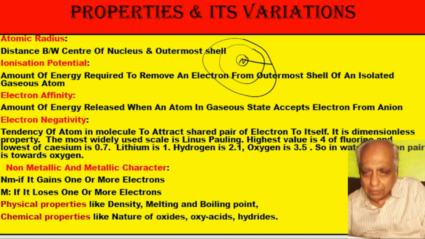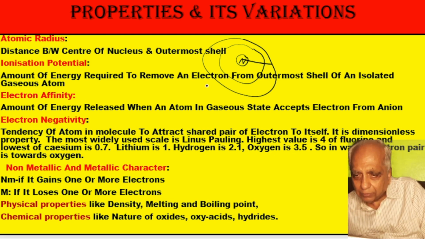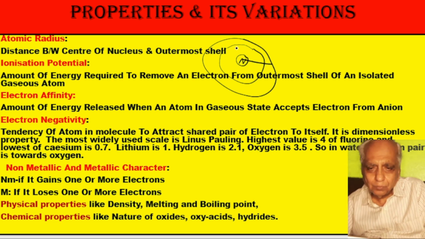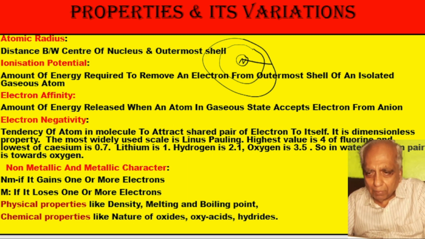Even if I have 2 orbits as shown in the diagram, if the charge in the nucleus increases, meaning the positive charge has increased, it will attract the electrons with greater force. So the size will become small. We will discuss this after some time, but this was just a brief introduction of what atomic radius is.